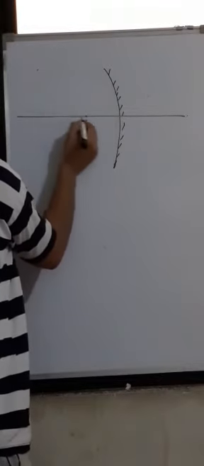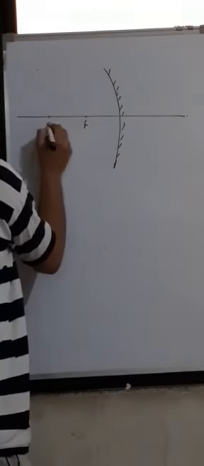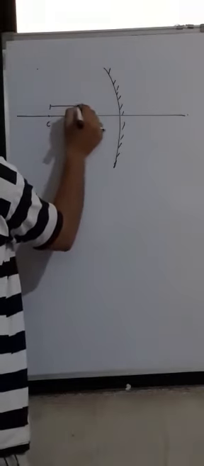This is called F and this is called C. It's called R. Here C is known as the center of curvature. Now what do you mean by the center of curvature?